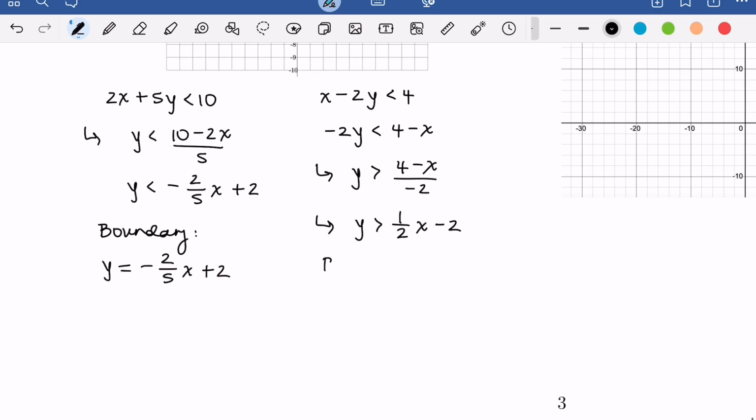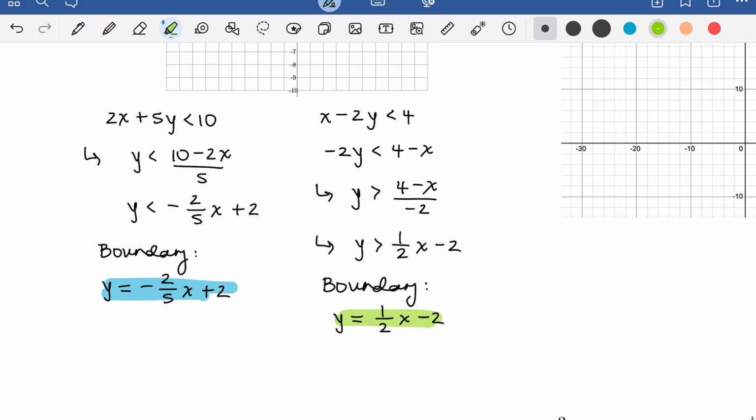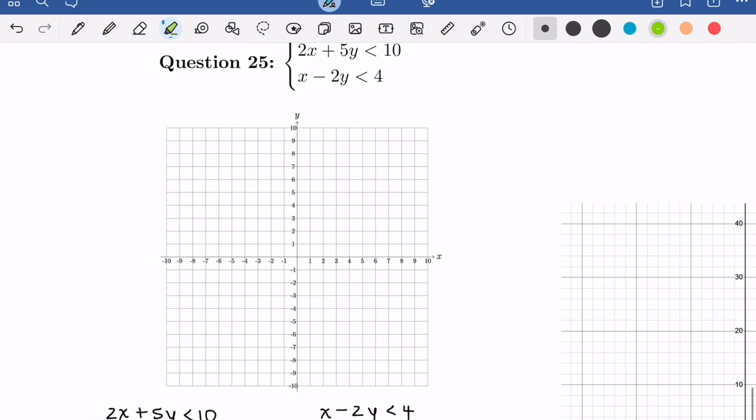All right, and then again, in terms of this problem here, we want to figure out what our boundary equation is. So we're going to have 1/2 x minus 2. So from here, what we need to do is graph these guys, and we're going to do some color coding here. And the solutions are going to lie in the intersection of these two inequalities. So let's graph these guys.